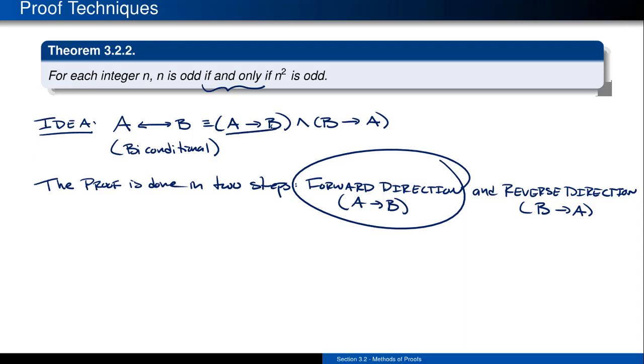So you're going to prove if n is odd, then n squared is odd. And that one we already know how to do. Then you're going to have a second proof, which proves the reverse direction. You assume n squared is odd, which gives me that n is odd, which is the result I just finished showing. You combine both of those together, and you get this nice proof of the biconditional, this if and only if. It is sometimes scary to see this big thing going on, and the proofs look really long, but if you look at the proof as two separate little proofs, it becomes a really easy thing to see.